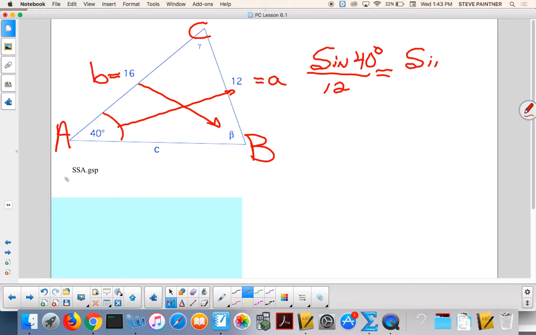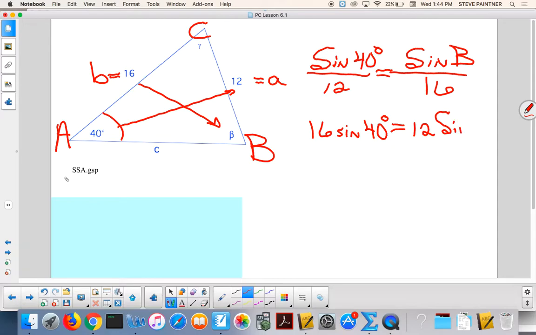Sine of B should equal 16. Let's be careful with this one. Okay, tell me what to do. Okay, so maybe I write 16 times sine of 40 equals 12 times sine of B. Okay, just like that.